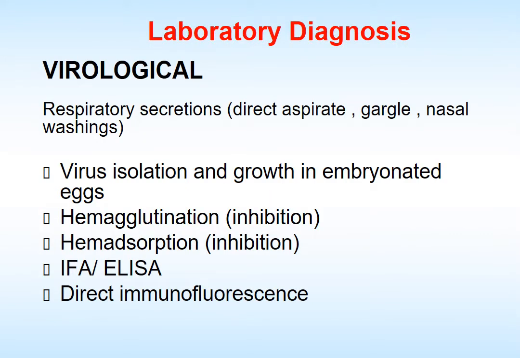Laboratory diagnosis, virological method: respiratory secretions like direct aspirate or nasal washings can be taken from the patient, and after infection, embryonated eggs are used, cultivated for isolation of viruses in culture.